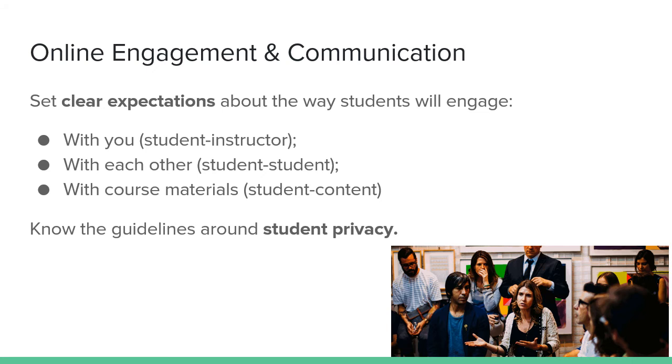You have student to student interactions, students interacting with each other, maybe in small groups, formally and informally. And then you have student to content interactions. So students interacting with course materials, whether those are videos or readings or manipulatives, whatever that is. And those are really the three main ways of looking at engagement and communication in an online course.